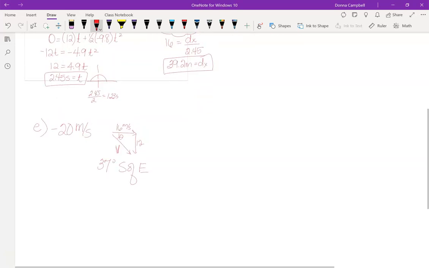So notice it's the exact same as before, it's just the direction that is different. Same magnitude, same angle, just the direction. And if you don't have that negative there, that's fine. You just have to know that the y component is negative.